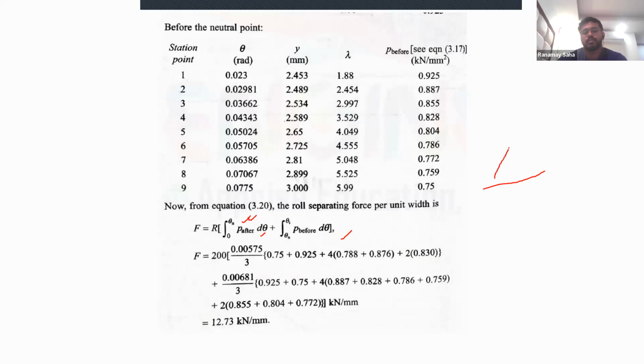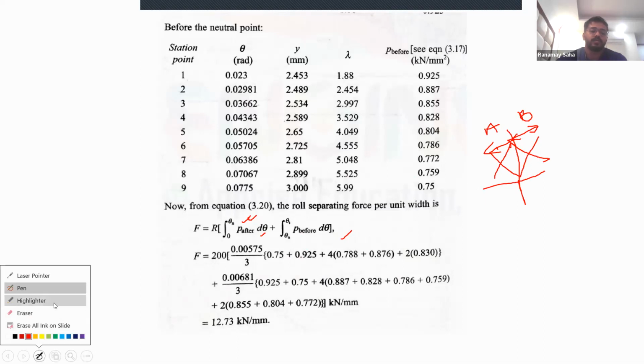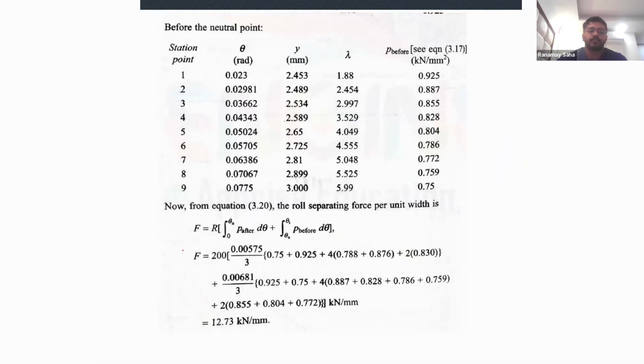Your pressure rises up to the neutral point, becomes 0, and velocity follows the opposite profile. So this is the neutral point, this becomes your after part, and this becomes your before part. Once you do that, you find out your total force.